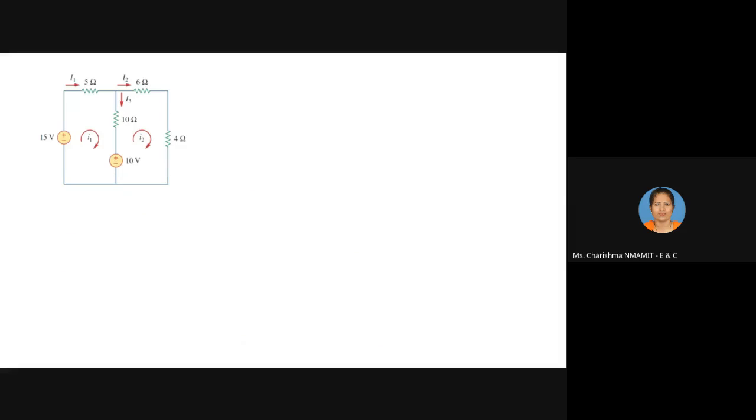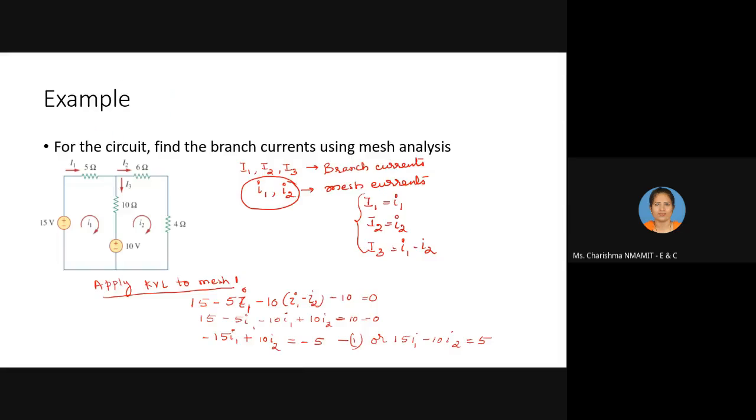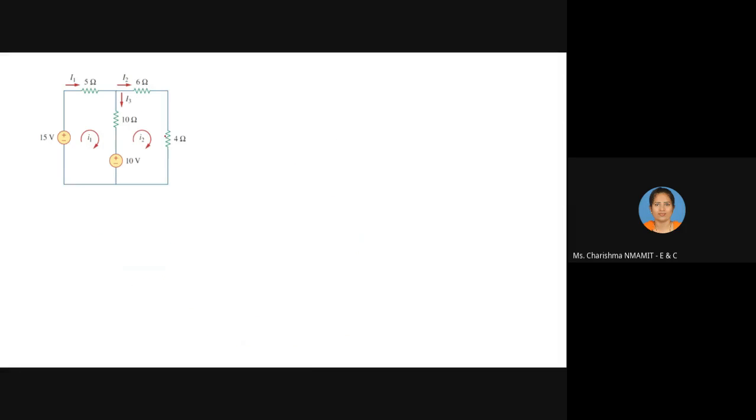Next, you write a KVL equation for the second mesh. Okay. So apply KVL to mesh 2. This is mesh 2. Minus to plus, it is 10. Here, plus to minus, 10 into I2 minus I1.